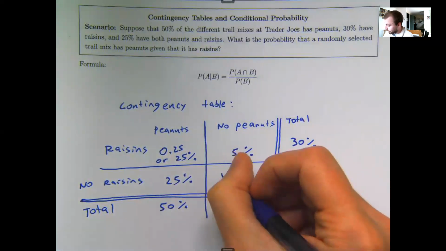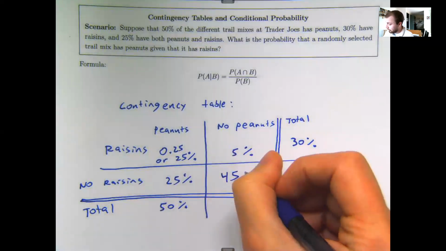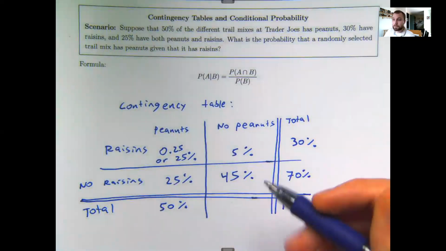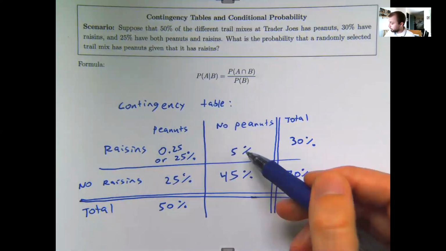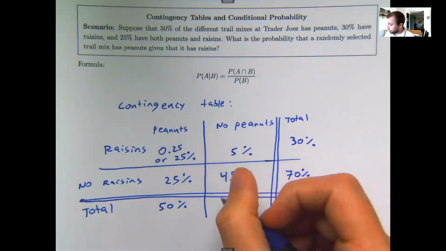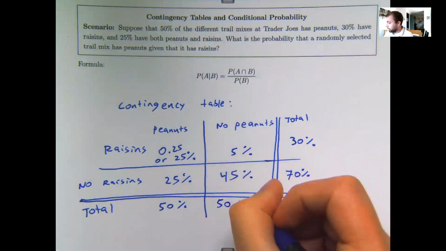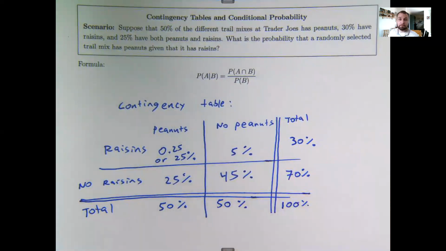I believe that's 45. And I can double check with this last value because whatever number I put down here, it should work both vertically and horizontally. So 5 and 45 add up to 50. 50 plus 50 gives me 100. I'm in pretty good shape.